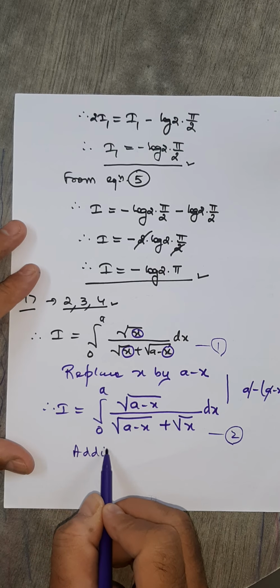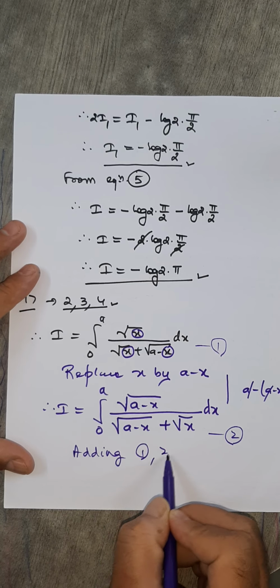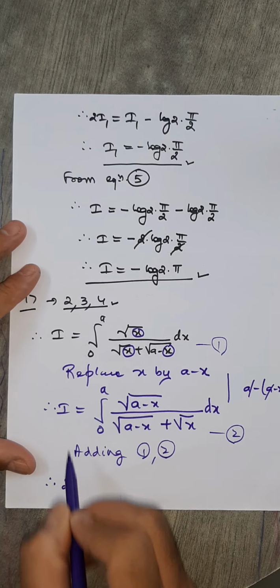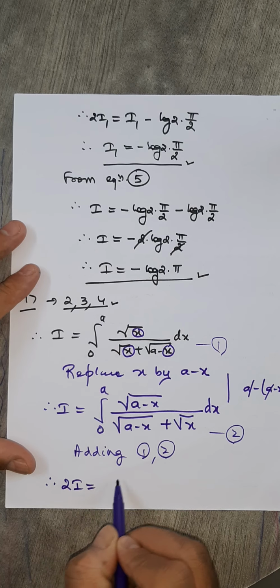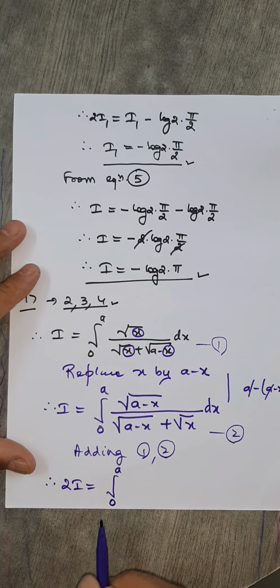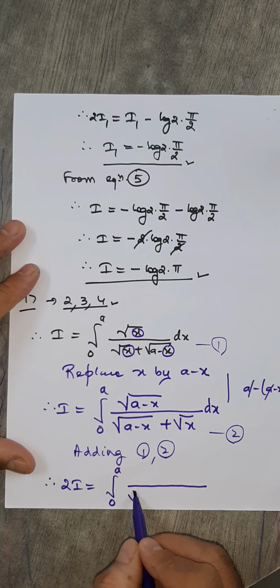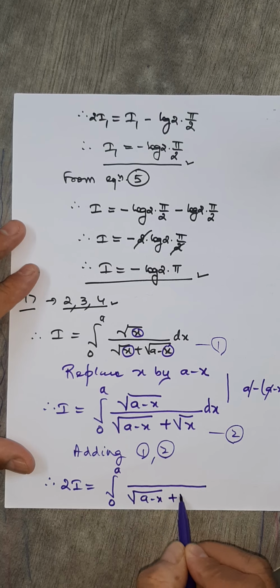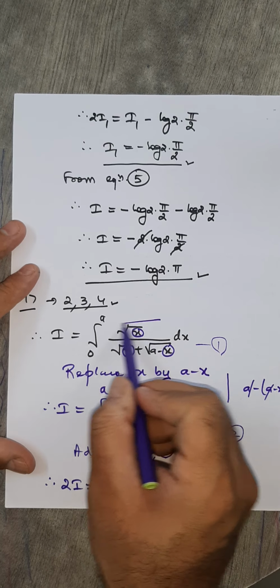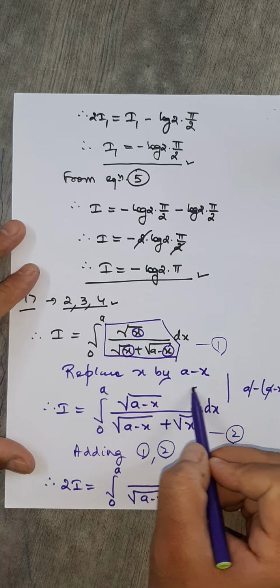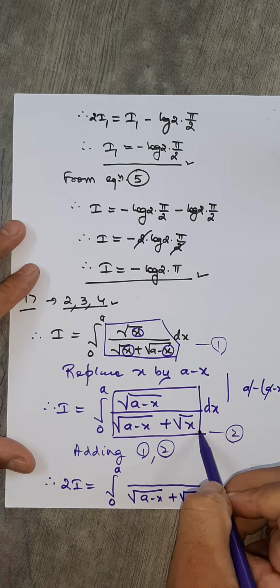So adding 1 and 2. So what is left hand side? I plus I, that is 2I. Integral 0 to a. This denominator is same, so I'll keep as it is. Just we are adding these two expressions, remember. This plus this.